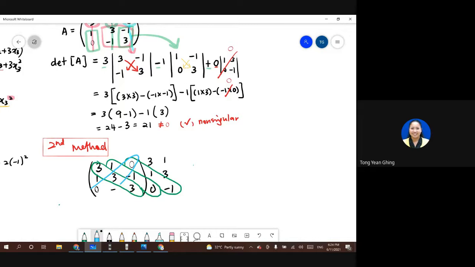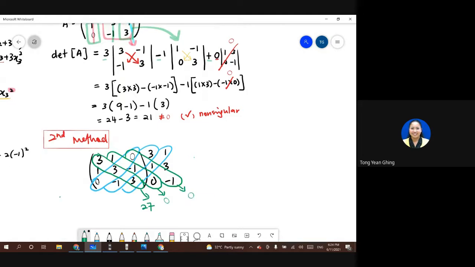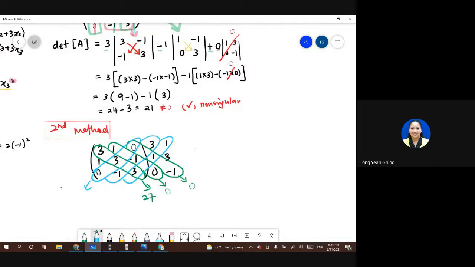This one: 3 times 3, 9. 9 times 3, 27. 1 times -1 becomes -1. -1 times 0 becomes 0. And this one, 0 times 1 times -1 becomes 0. And here, 0, 3 times -1, -3, -3 times -1, 3. And this one, 1 times 1, 1, 1 times 3, 3.